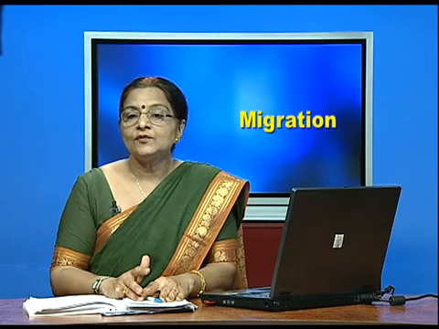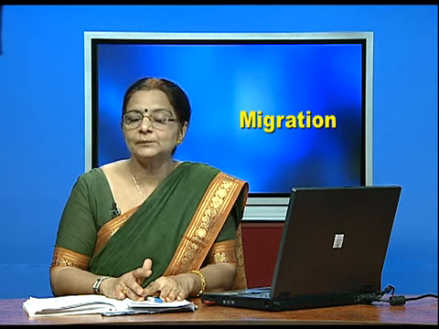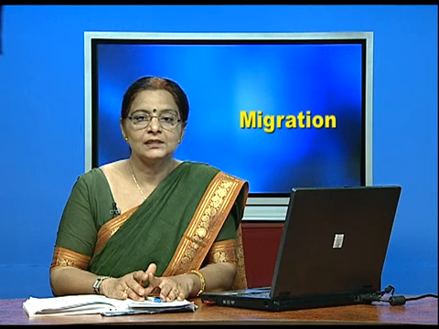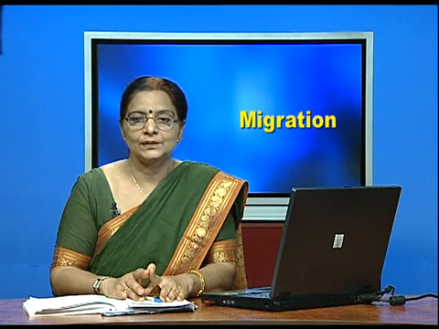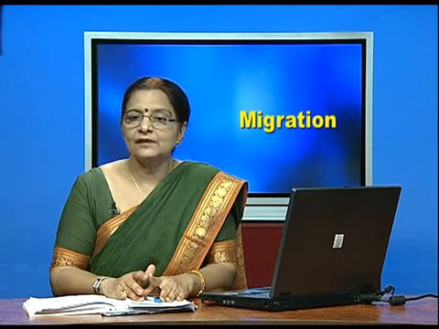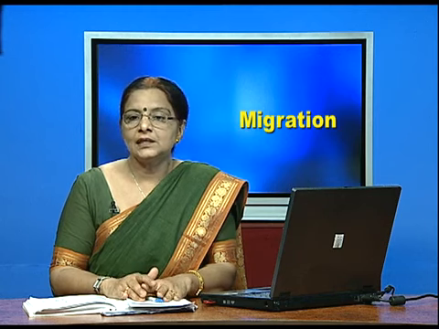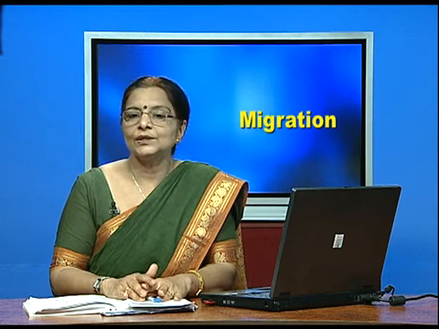So, children, we have taken up one part of the chapter, that is what migration is and what the types of migration are. Under this, we have done the international migration as well as the national, or we call it the internal migration. Besides that, we have taken up the streams of migration, which can be defined as short distance migration or long distance migration.